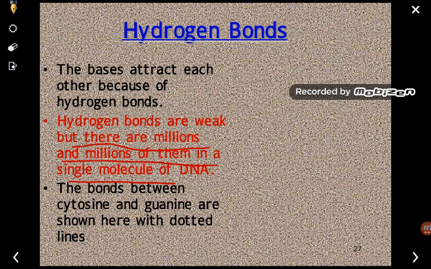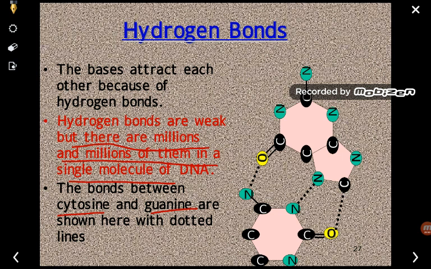Because of their abundance, this hydrogen attraction takes place. The hydrogen bonds between the cytosine and the guanine are shown here with dotted lines. These dotted lines are nothing but the hydrogen bonding, formed between the cytosine and the guanine.